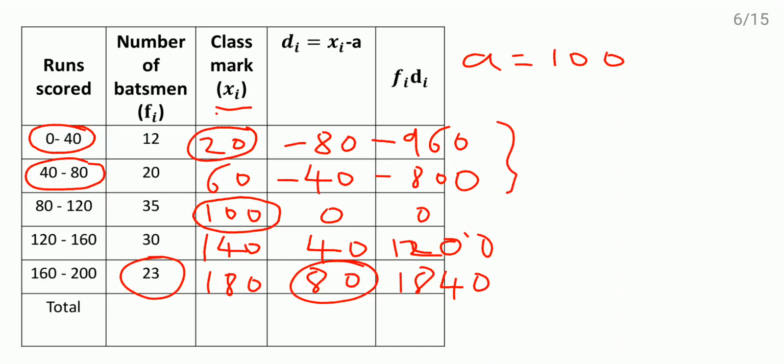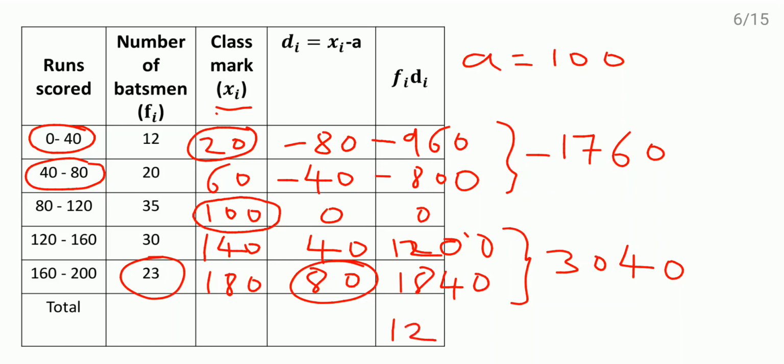See here. Addition of these two numbers comes as minus 1760 and addition of these two numbers comes as 3040. Right? Now once again addition of these two numbers, 3040 minus 1760, if we do, we get this one, 1280.